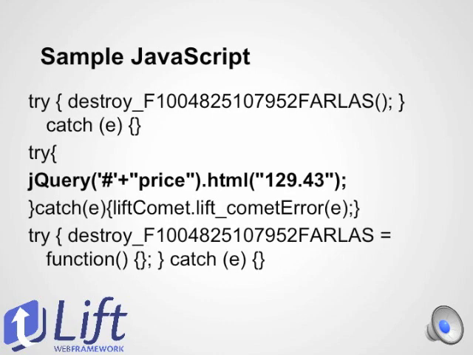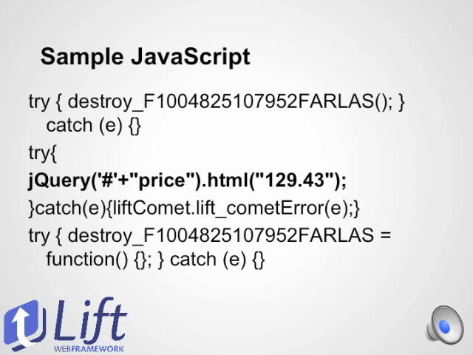And this is an example of JavaScript that you get from Lift. If you see here, the first 3 lines, you don't have to worry about those. Those are automatically generated by Lift, the same as the last 3 lines. The line in the middle, the bold line, is what you actually write in your Lift application.